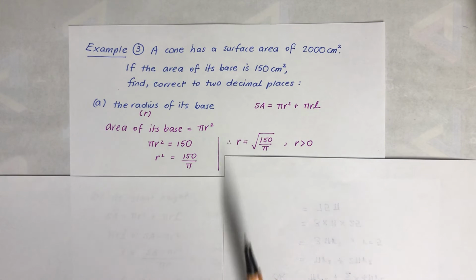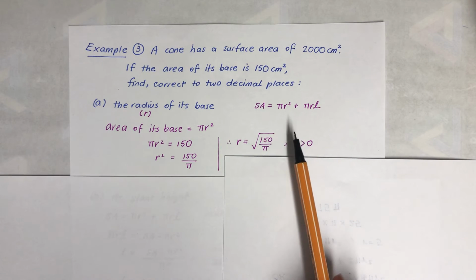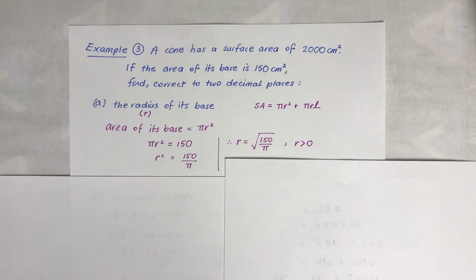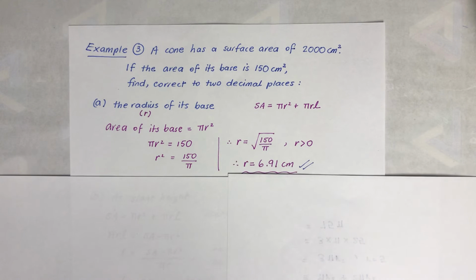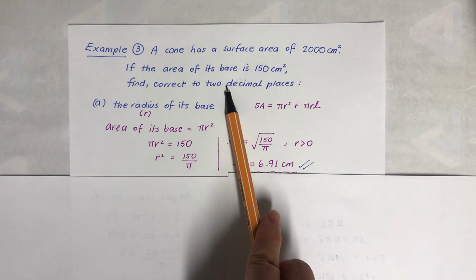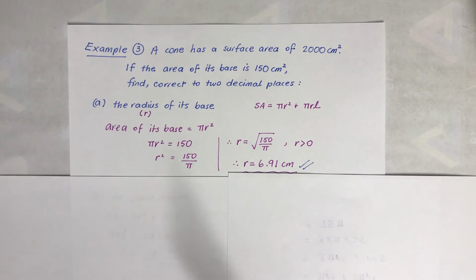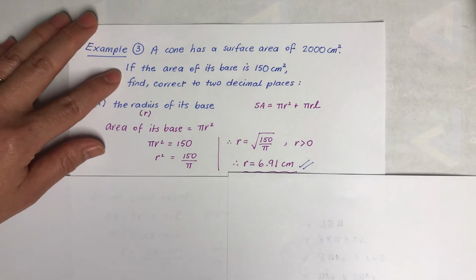So r equals plus or minus the square root, but r is radius. It's a distance, it's a length. We don't have negative, so we only count positive. So when I put that in the calculator, I will get r equals 6.91 centimeters, because the question says write it to 2 decimal places. So my answer is 6.91.